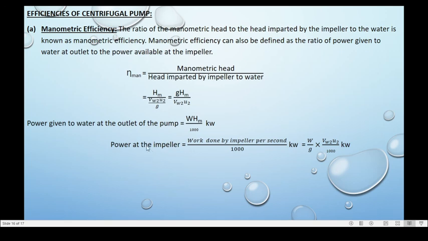The power at the impeller is the same as the work done by the turbine, W by g into Vw2 U2, divided by 1000. Vw2 is the velocity of whirl at outlet, U2 is the tangential velocity at outlet, W is the weight of water, g is the acceleration due to gravity, and 1000 is because we are representing power in kilowatts.